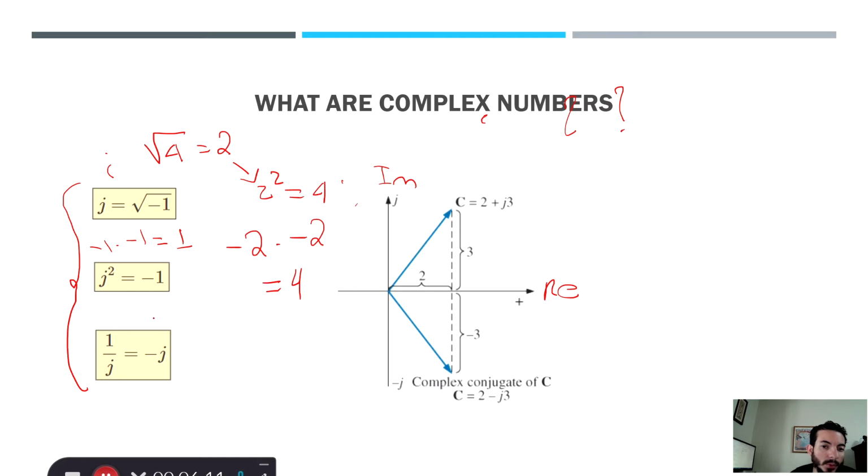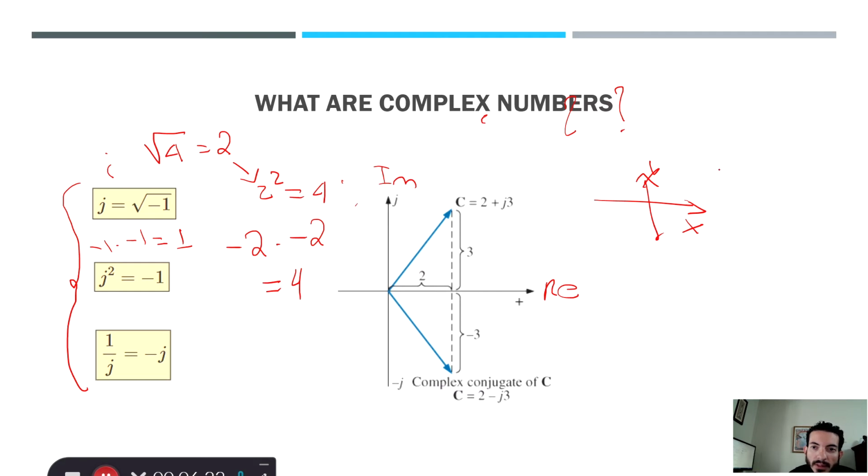This is the reciprocal. How you express them is similar to what we said about x and y before, where x is horizontal and y is vertical. Similarly, the real component of a number will be in the x direction, and the imaginary component of a number will be in the y direction.